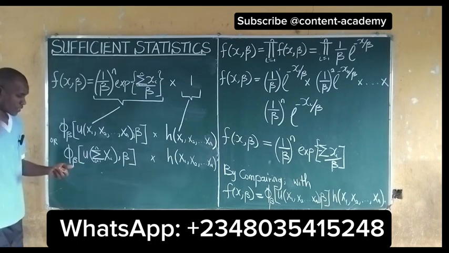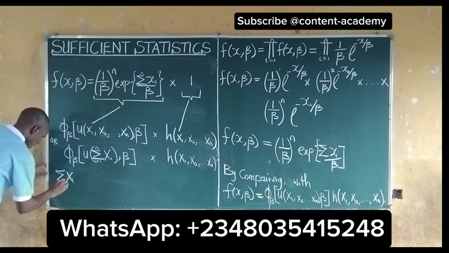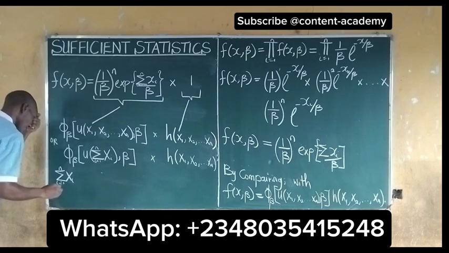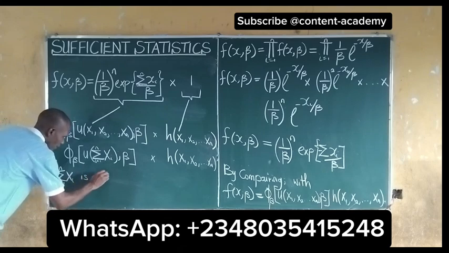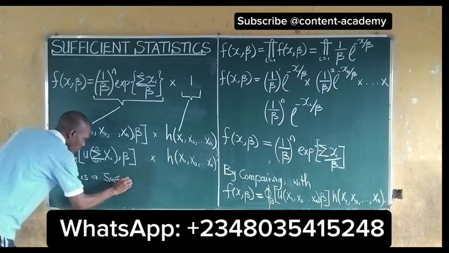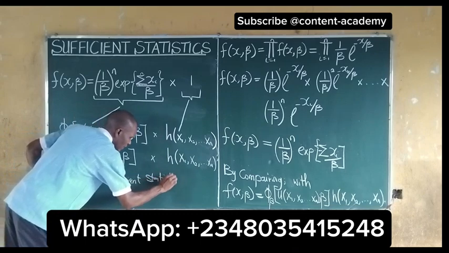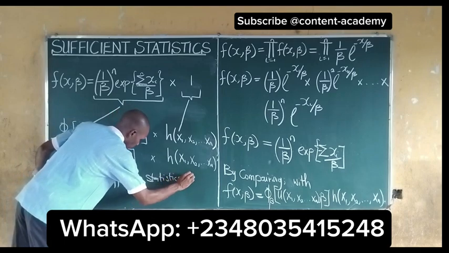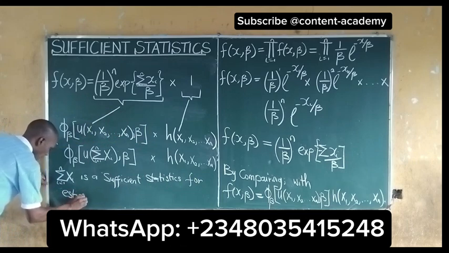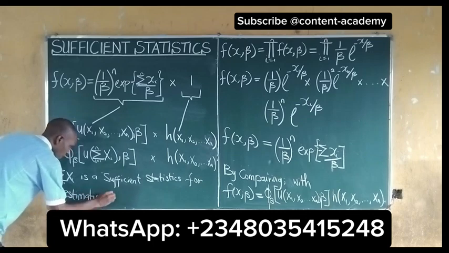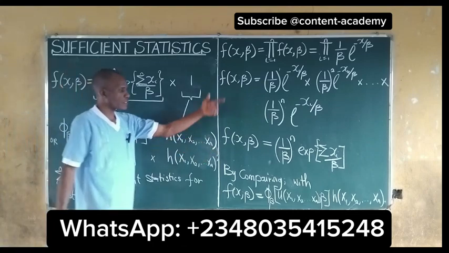From what we have done, it means that our statistic, the mean, is a sufficient statistic for estimating beta.